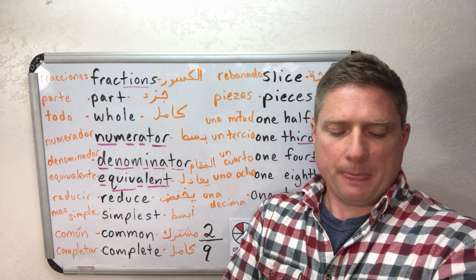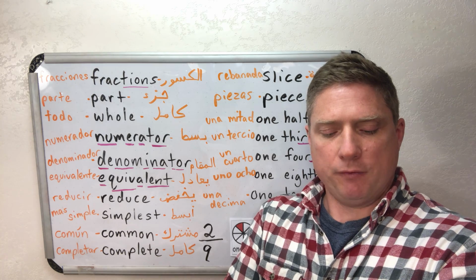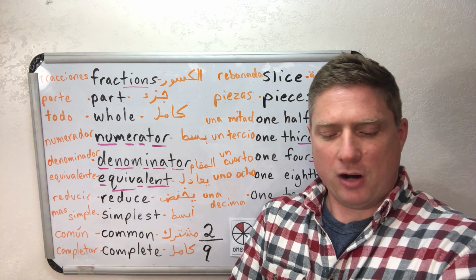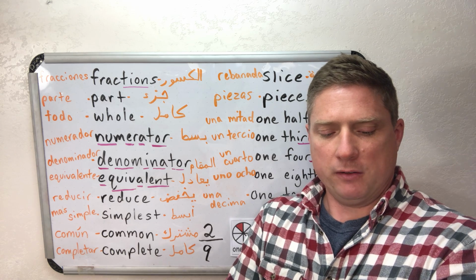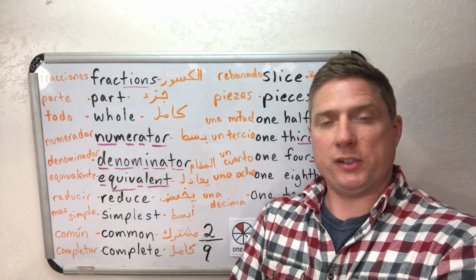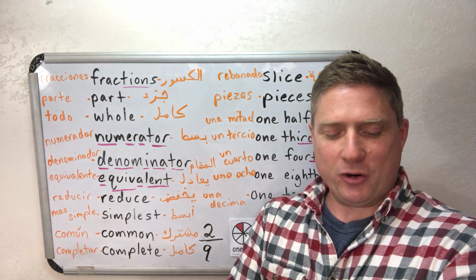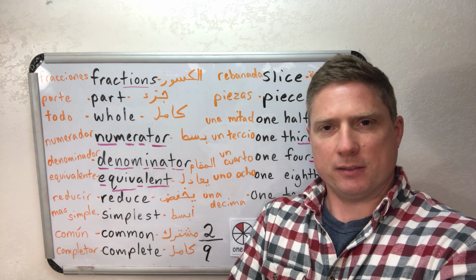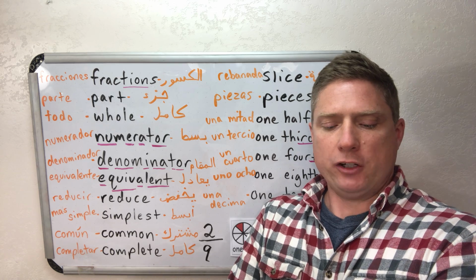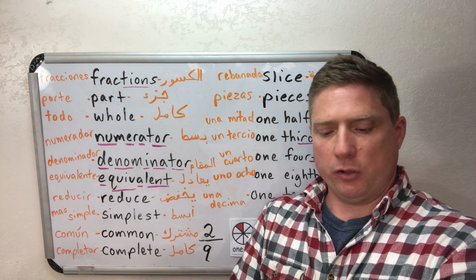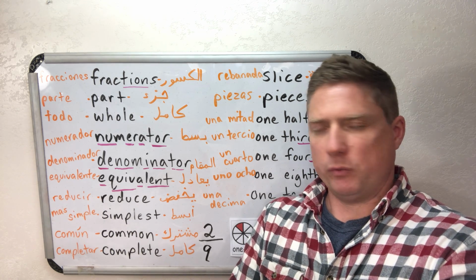6. 2/3 and 4/6 are equivalent fractions. There are. So 2/3 and 4/6 are equivalent fractions. 7. We reduce fractions to make them easier. We reduce.